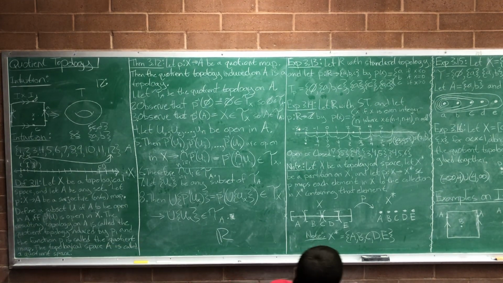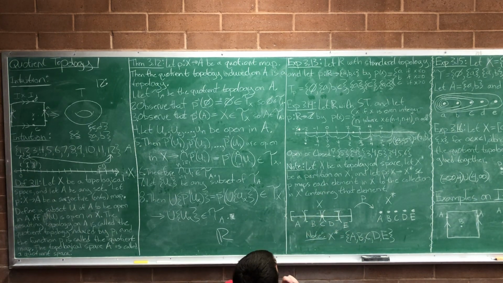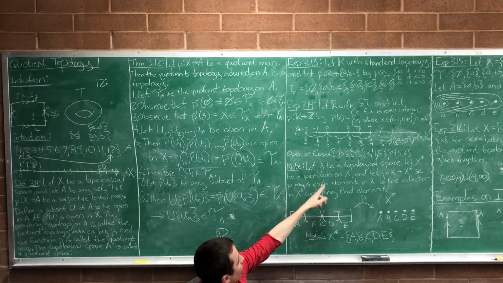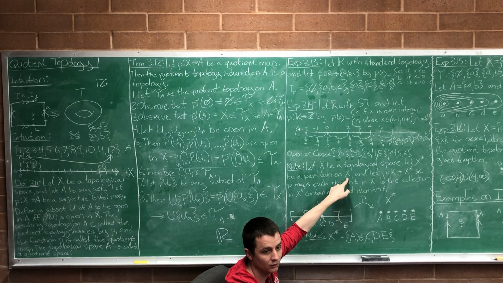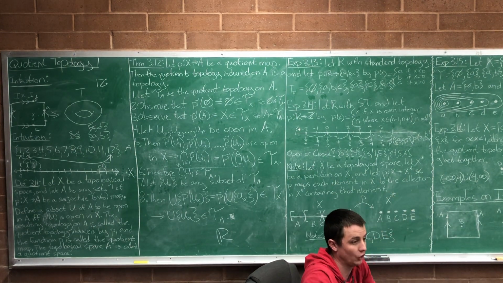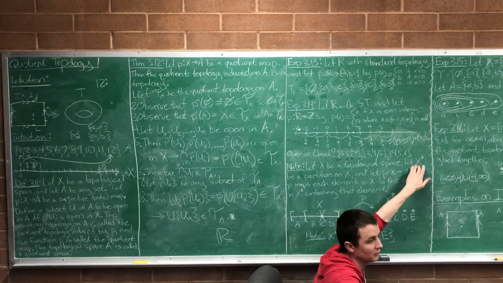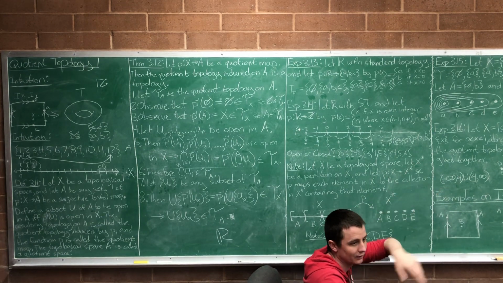So let's get comfortable with what exactly I was saying down here now. So let X be a topological space, and let X star be a partition on X. What are the elements in X star? Parts in a partition. Yeah, but tell me the things inside of there. What do we know about the things inside of there?